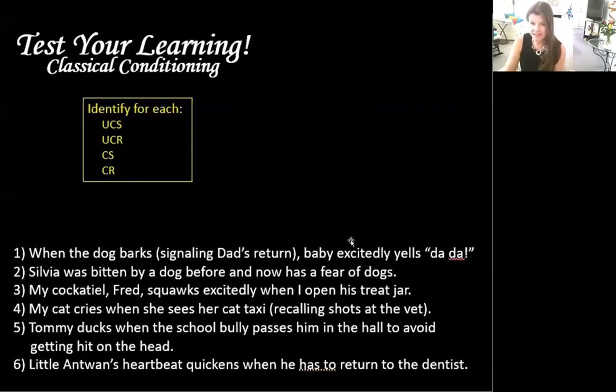And then starts acting the same way when the dog barks. But on this second one, you're not told what the initial reaction was, but you can infer that this child cried. I've never seen a little kid who's bitten by a dog who didn't cry. So we can safely infer the unconditioned response to be crying because of the bite.